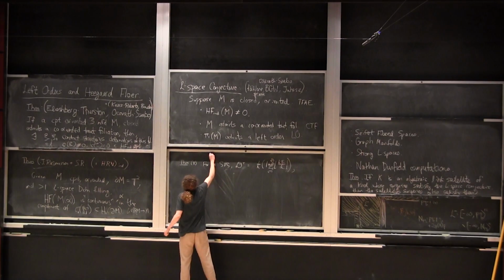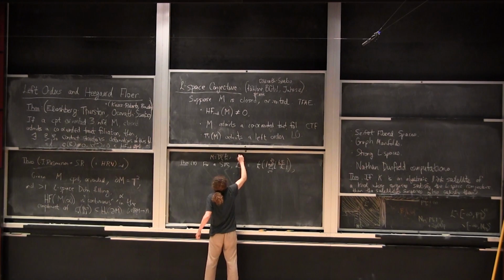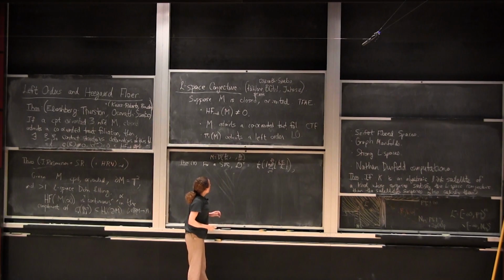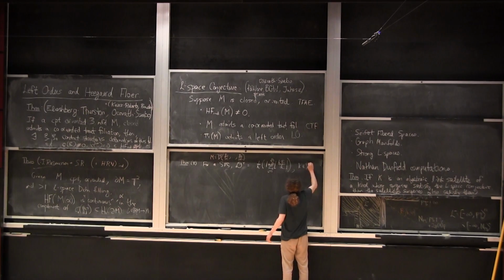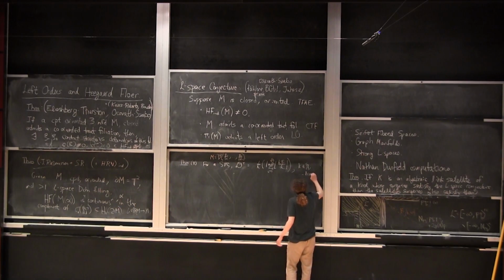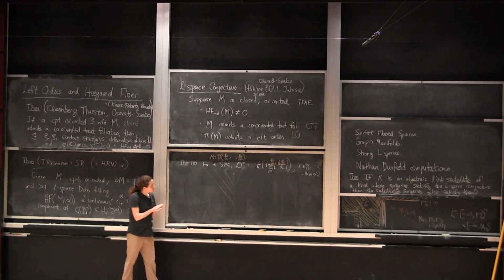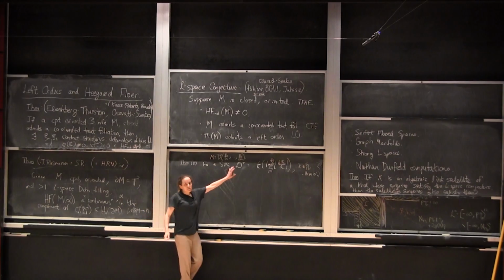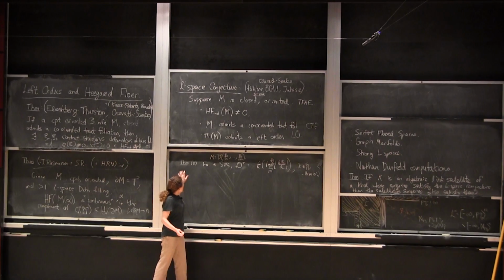this, for M. And K runs from 1 through the LCM of the alpha i's. Here I've fixed an orientation for my Seifert fibered space.